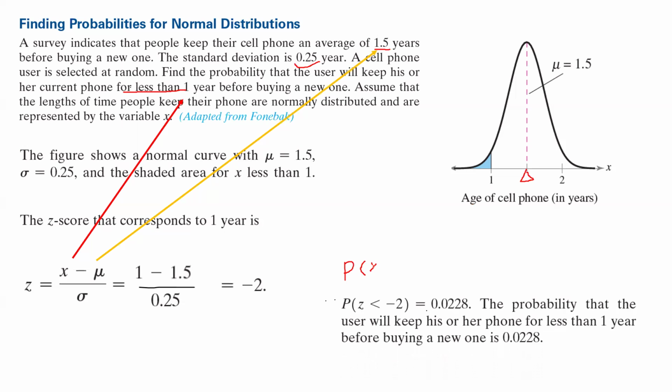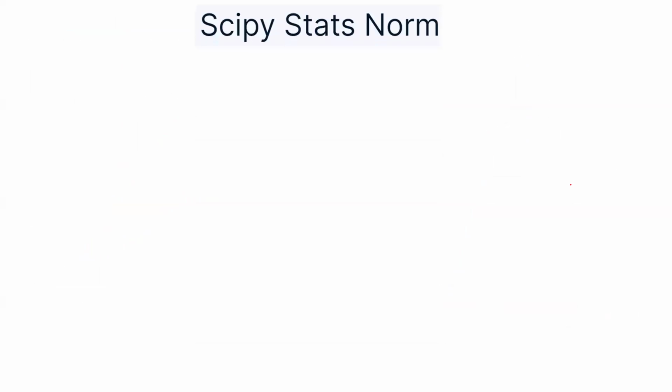This probability is about 2.28%, which is very small. We expect that this area here is the same as this number representing the total area out of 100%. What is the code behind it?